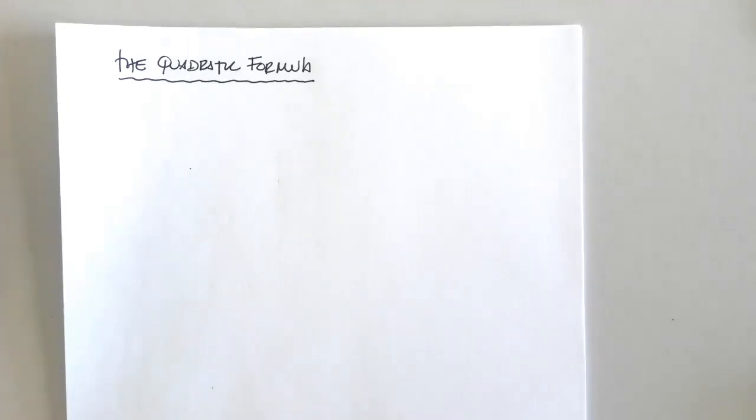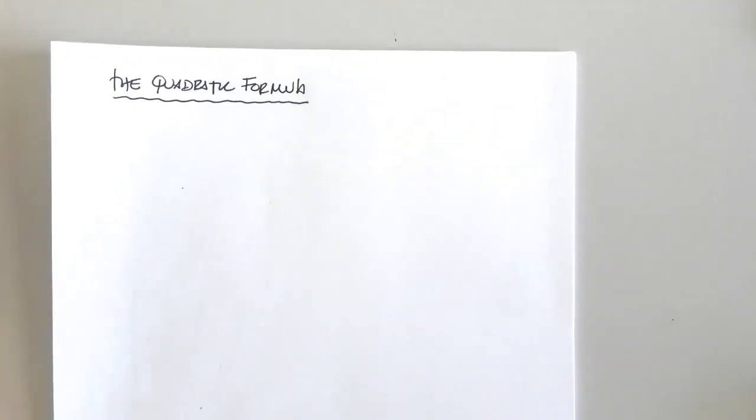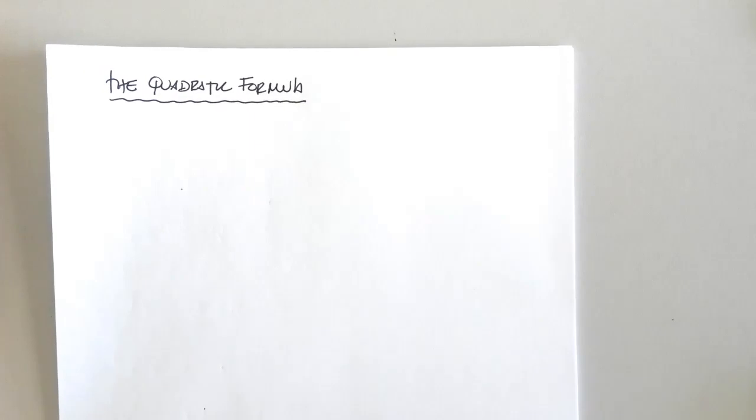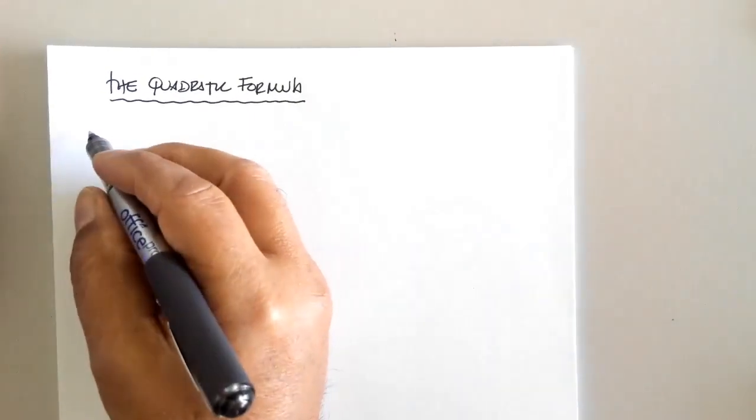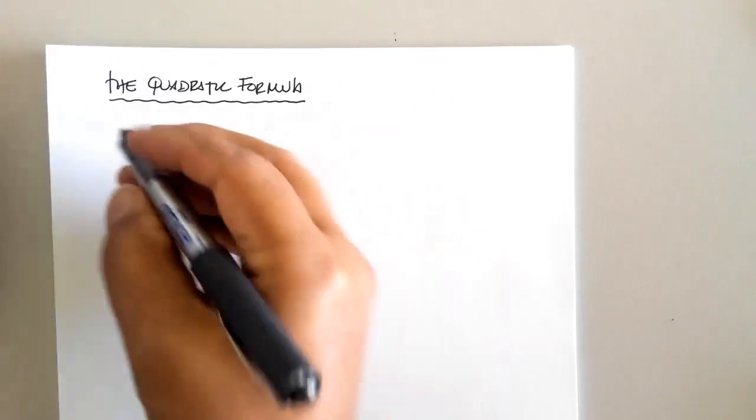So here we go. We are going to show that the formula that we are using is correct, and I'm going to show you where this is coming from. This is the statement.